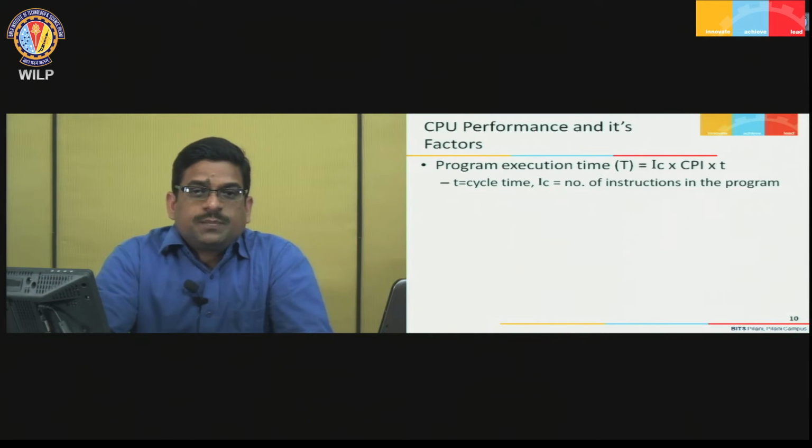So, to calculate the program execution time, the amount of time taken by the program to execute: if I know the number of instructions in the program, that is IC, multiplied by CPI, cycles per instruction. Let us say this is the average CPI written here, because I have to take the average of different instructions, multiplied with T. T is the cycle time.